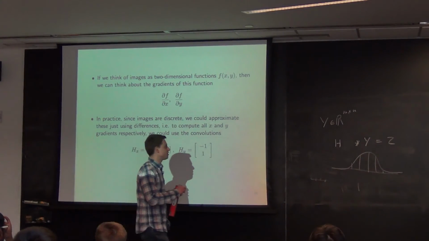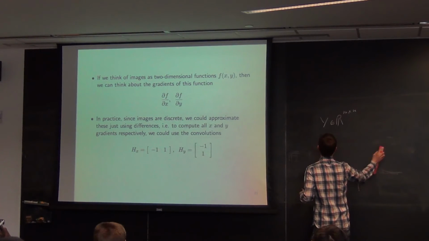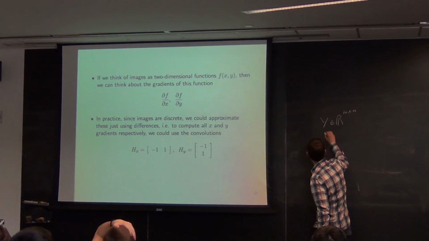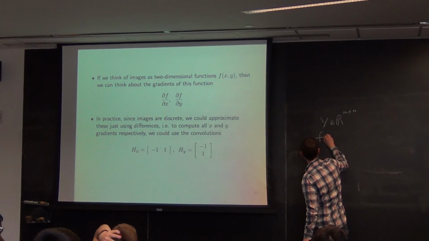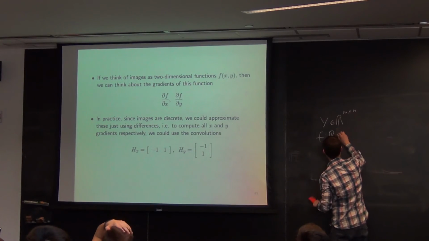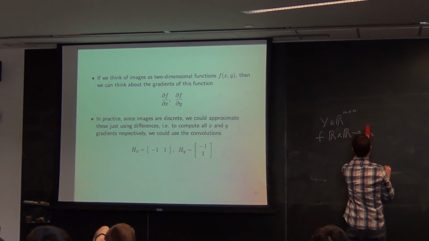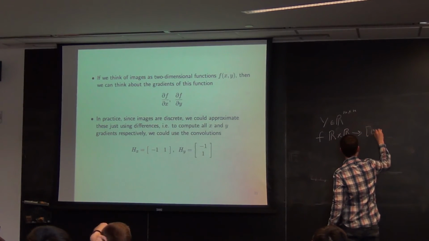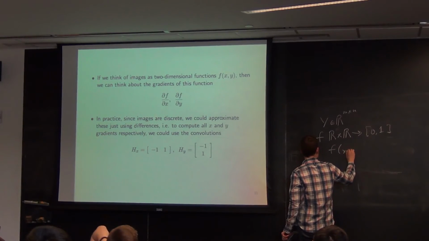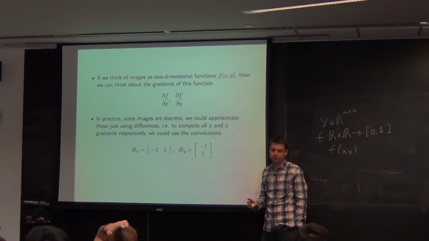I'm calling an image this matrix here, y in R^(m by n), but you could just as easily think of the image as a function from R^2 to another real value, let's say [0, 1], where the inputs of this function, f(x, y), are just the x, y coordinates in your image.